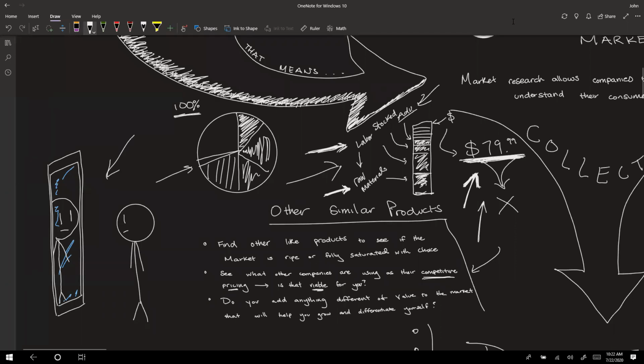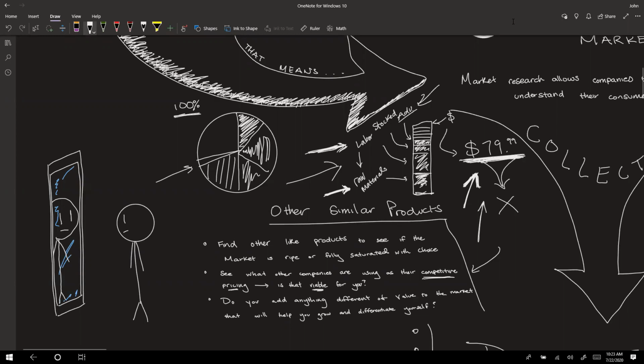Am I going to be able to make myself unique in a way that people will want to buy my product, even if it's more expensive or less expensive, because it's something different, right? I'm not the same exact thing as Nike, so maybe I can market myself in a different way.